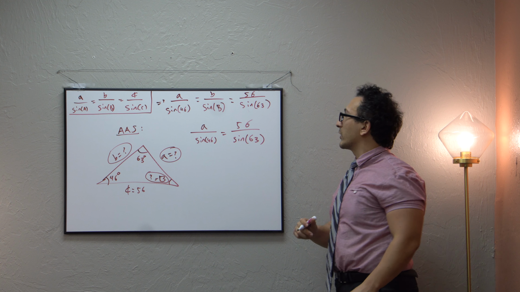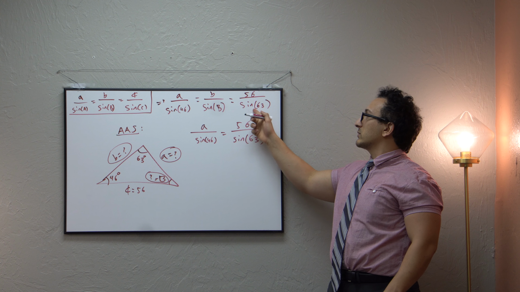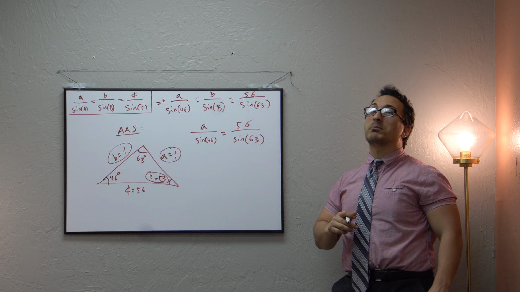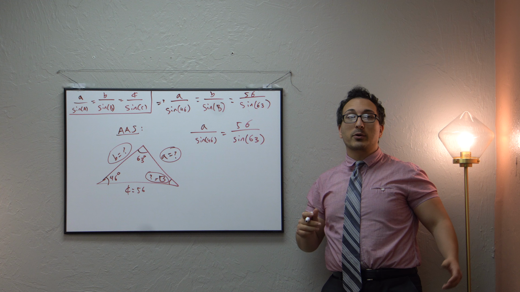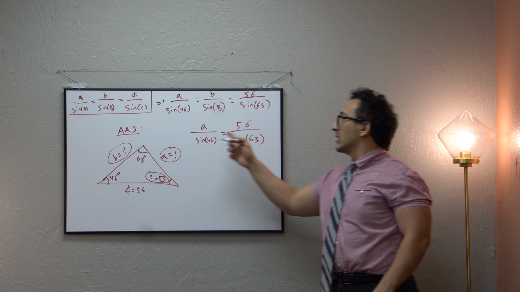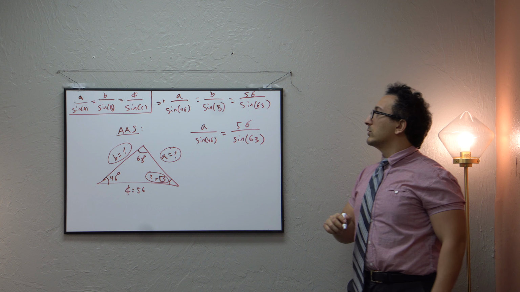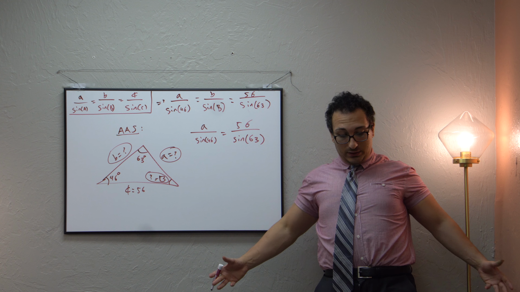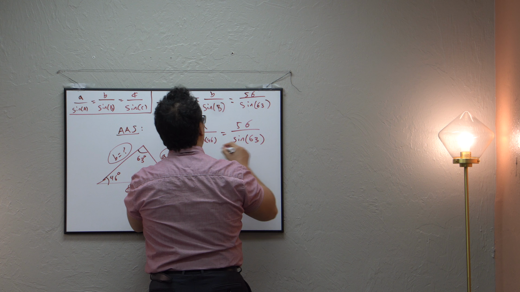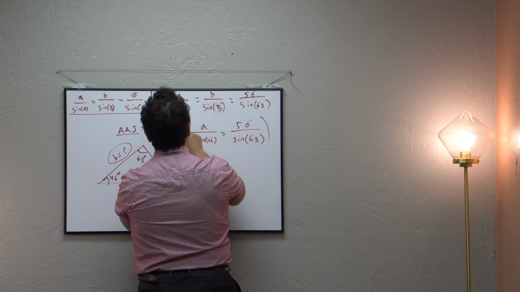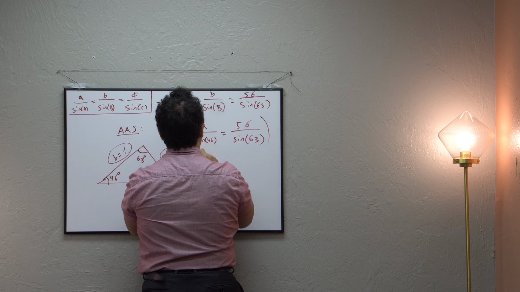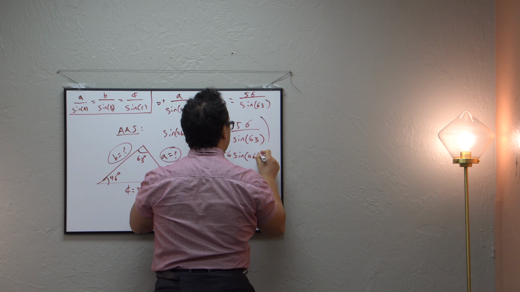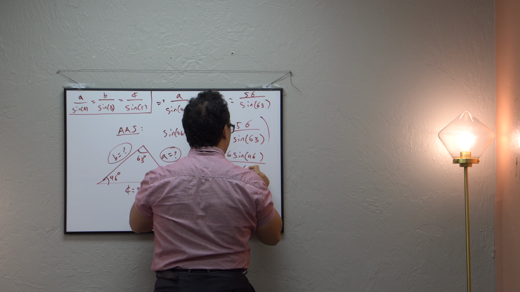If this equals this, which equals this, then I just set these two equal, and forget about the middle equality, because we don't need it for our purposes. Multiplying both sides by sine of 46 implies a is equal to 56 sine of 46 all over sine of 63.